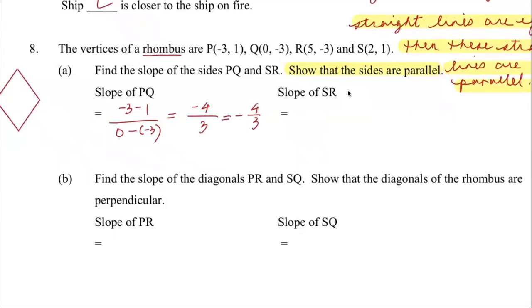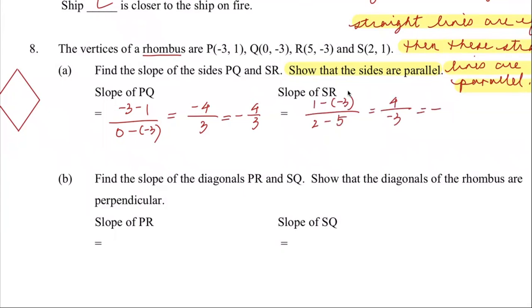The slope of SR is equal to 1 minus minus 3 over 2 minus 5. 1 minus minus 3 is 1 plus 3, which is 4, over 2 minus 5, which is minus 3.